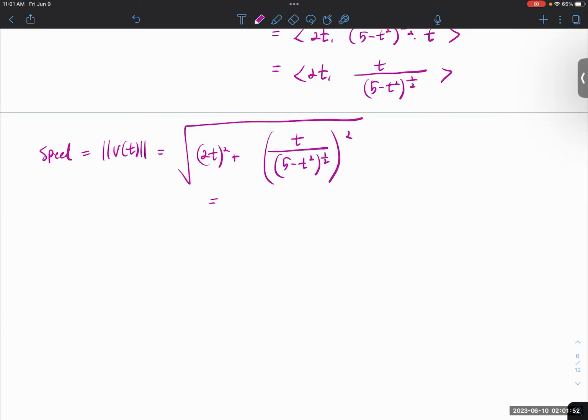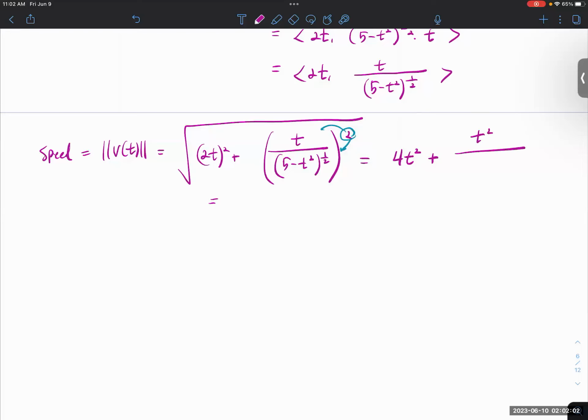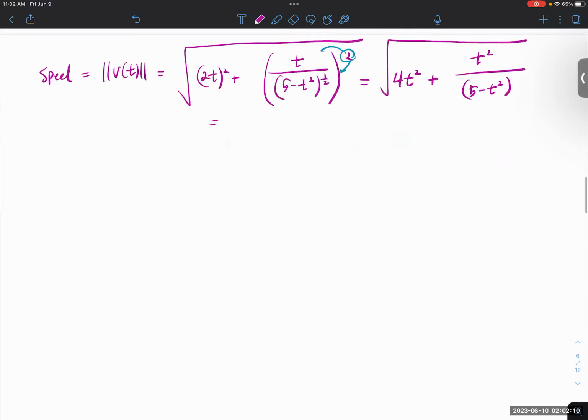So that's a summation. And then 4t squared plus, you have a 2 here and there. So that is going to be t squared over 5 minus t squared to the 1, right? That's it. So we have this information.